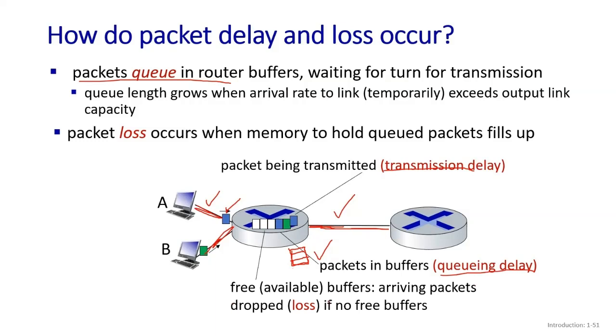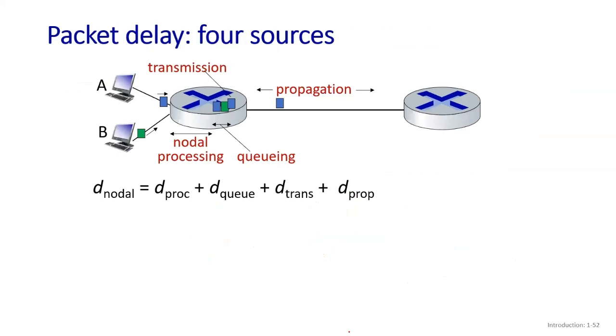Arriving packets are buffered in the free space, so packets can be dropped if no free buffers are available. So there are different types of delays: the transmission delay, the processing delay, the queuing delay, and the propagation delay.